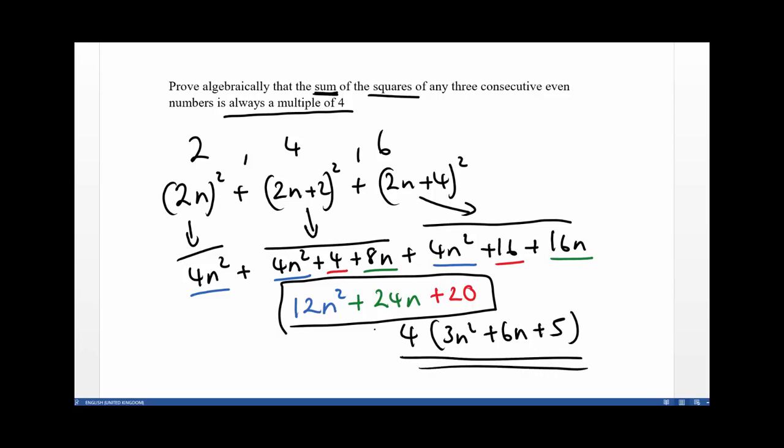That the sum of squares of 3 consecutive even numbers, which is 2, 4, and 6, are always a multiple of 4. Our multiple of 4 is here because this means 4 times everything inside that bracket. And it gave us this term. Therefore, we are correct.